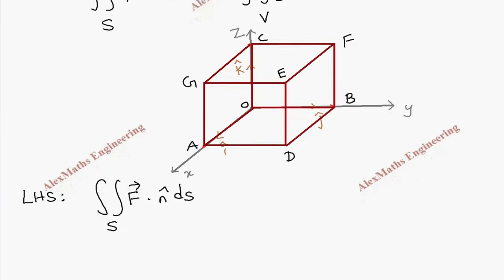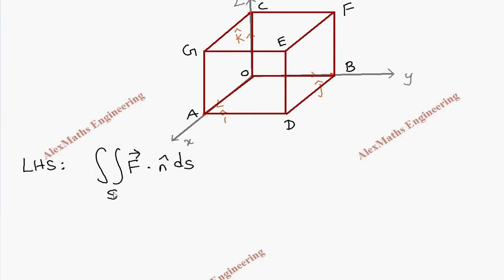So I am going to split this into 6 parts. The first part, I am going to take double integral over OADB, that is the bottom surface of the cube, f dot n cap dS.